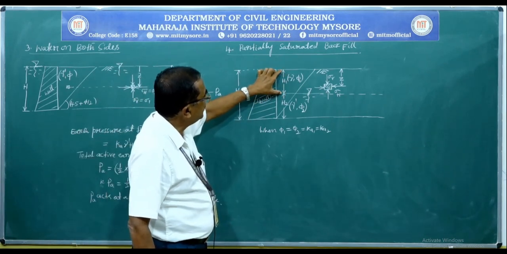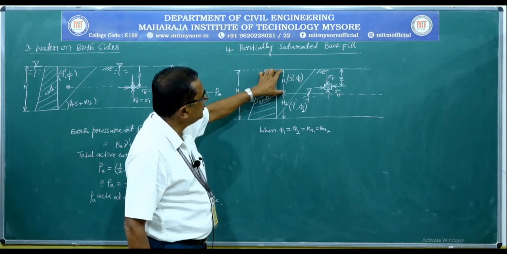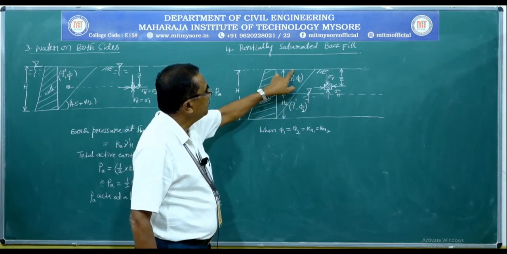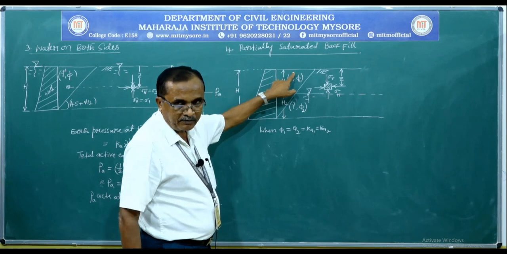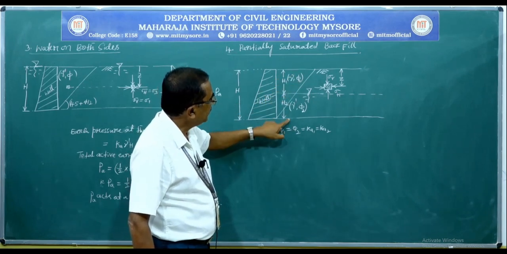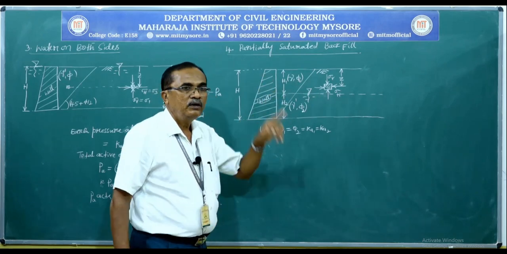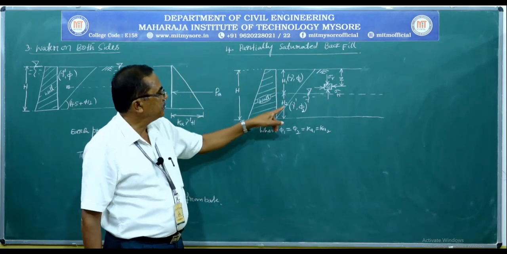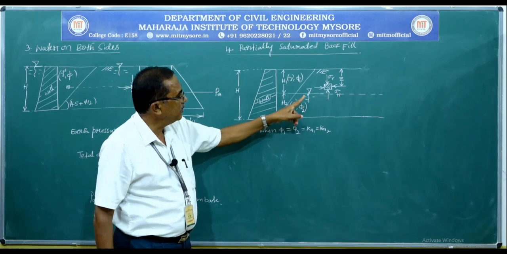So pressure due to this backfill H1 is equal to pressure due to only dry backfill. Next, the remaining portion, pressure due to this H2, is due to two components, namely pressure due to submerged weight of soil and water.